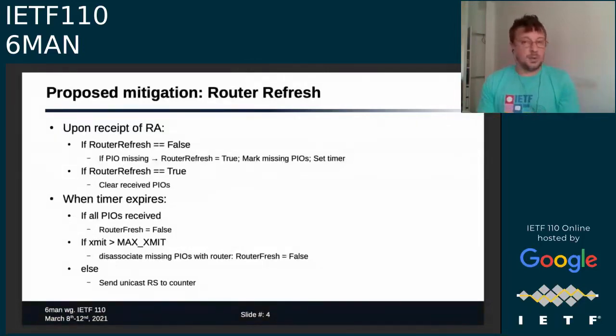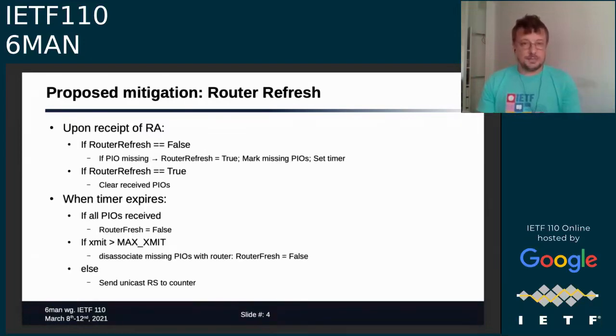So this is essentially what I just said, but with more detail. The concept is exactly the same. This is just getting into the details. The idea is that we have a flag called router refresh, which if it's false, means normal behavior, what we have right now. And if this flag is set to true, that means that we are in the process of double checking with that router whether the information is fresh or not.